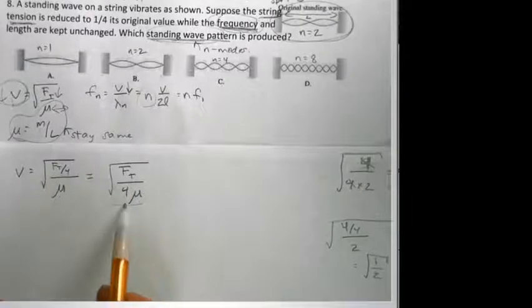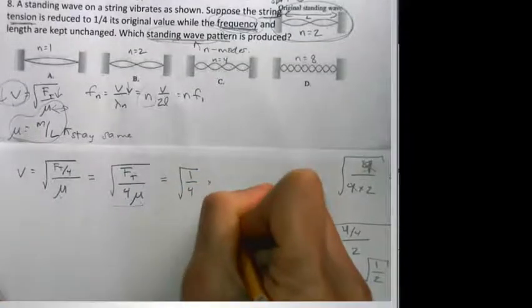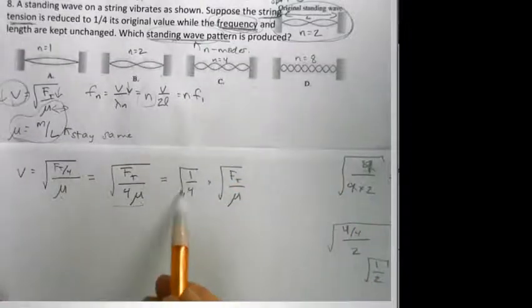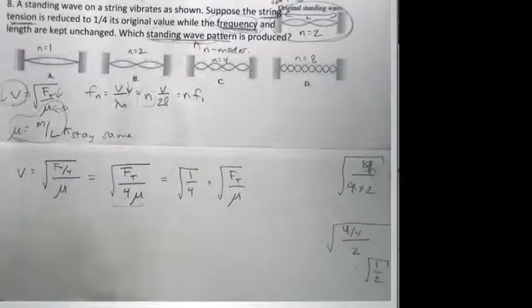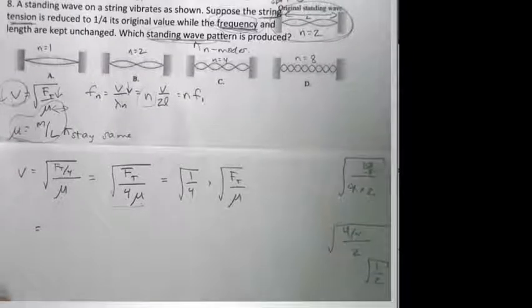And for the reasons that we were talking about earlier, now when I have them set up this way, I can just as easily say that this is 1/4 times the square root of ft over mu. Now I have the square root of 1/4. You can put that in your calculator, or get to where if you see square root of 1 over 4 is the same thing as the square root of 1 over the square root of 4.